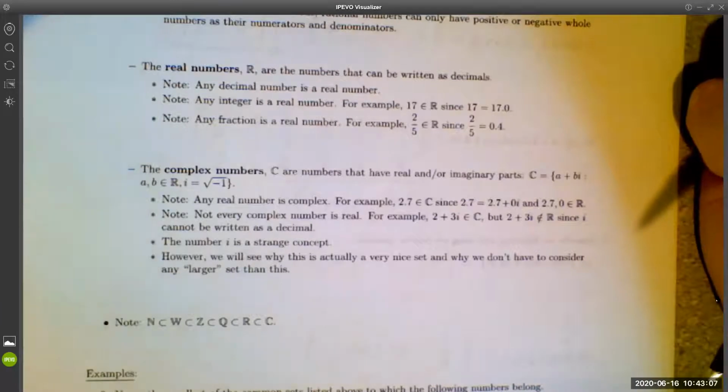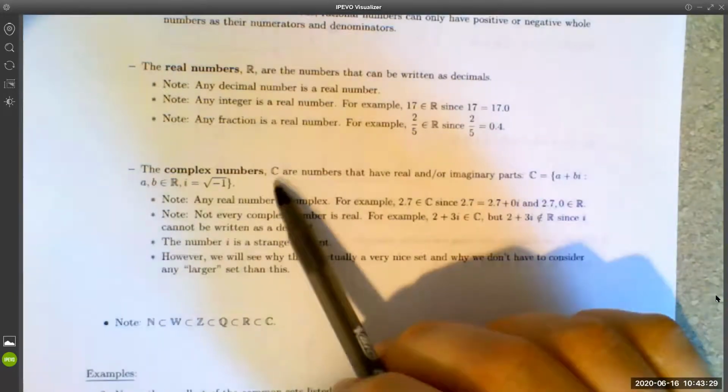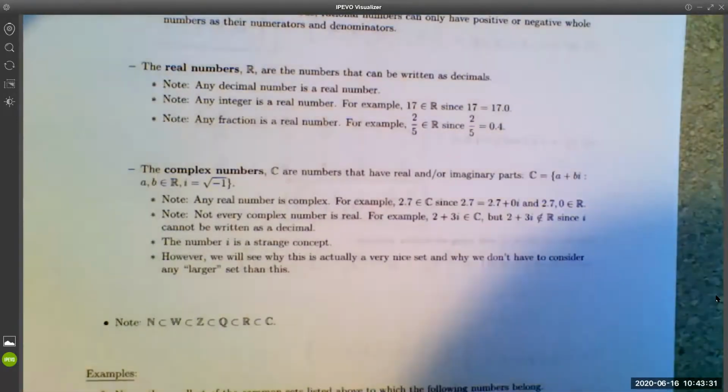Why don't we define a number j to be the 4th root of -1 or something like that? And it turns out that you don't need to, because you can describe the 4th root of -1 as a complex number. So the complex numbers encapsulate everything that we need in order to find solutions to polynomial equations and things like that. So this is the largest set. We're not going to define any set larger than that.